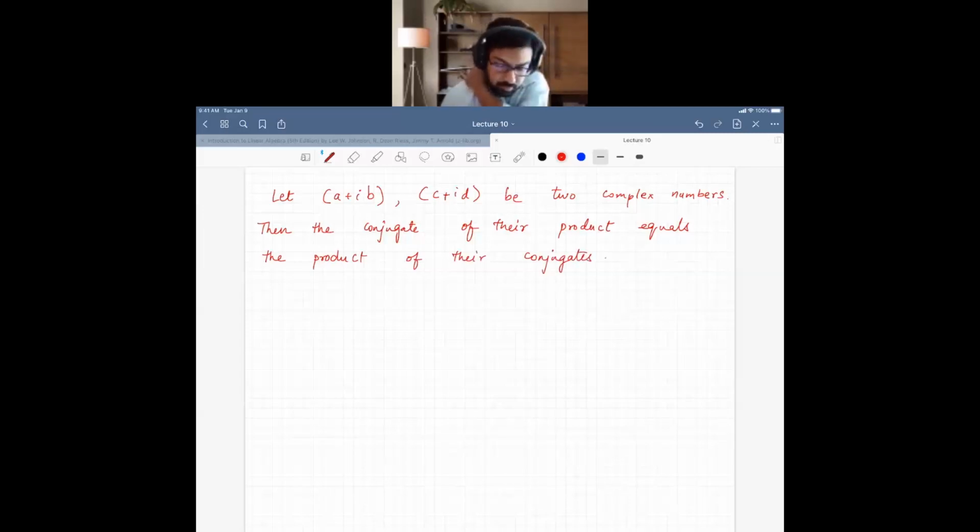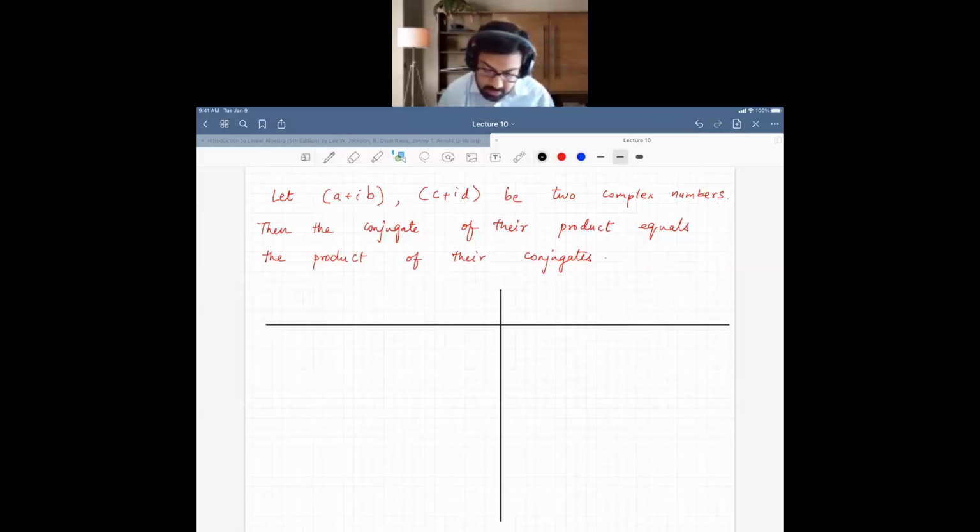And we can try to prove this very quickly. Let's consider two columns here. On the first side, I will evaluate A plus iB multiplied by C plus iD, the whole thing conjugated.